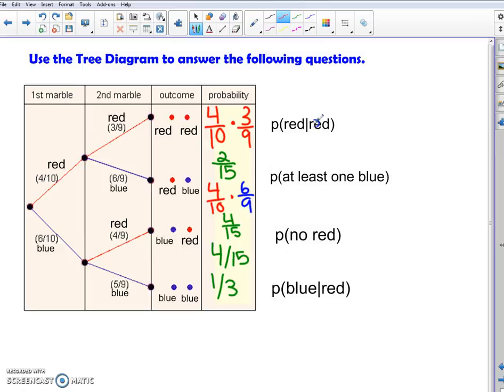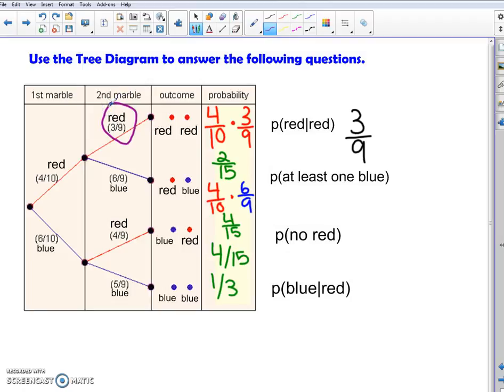So what's the probability that if I already picked a red, that I pick a red again? So we're just looking at this right here. So the probability of red given red is going to be 3 out of 9. And we get that answer from this number right here.